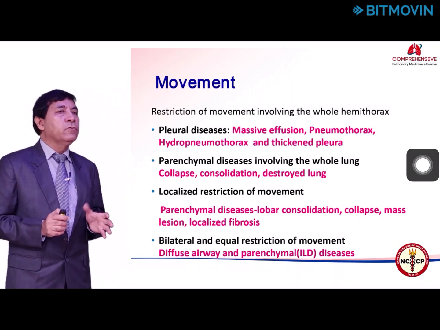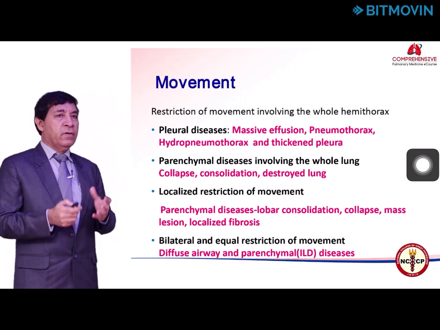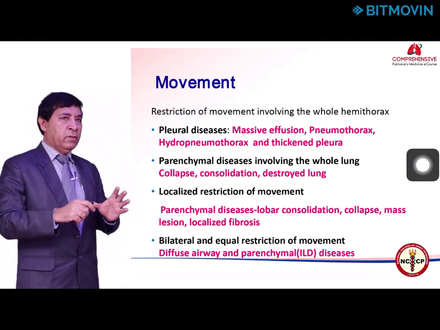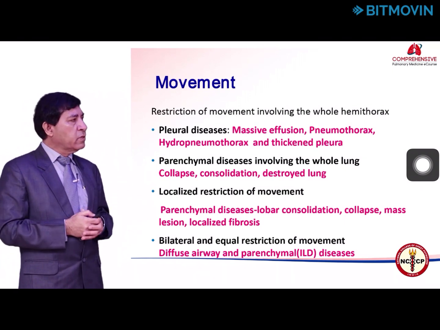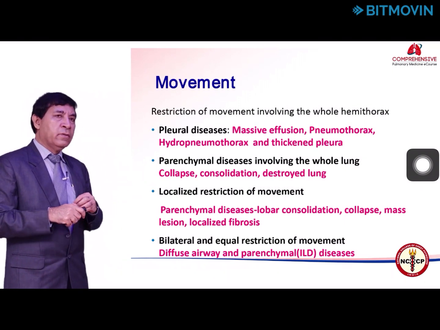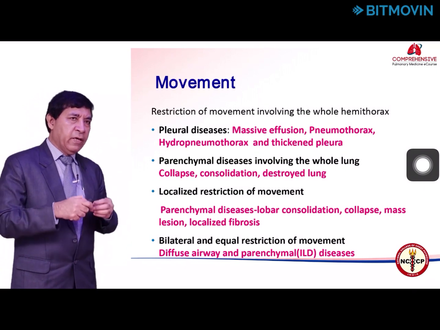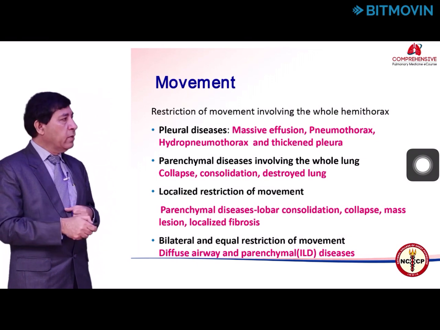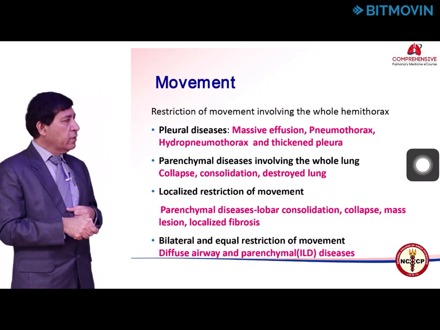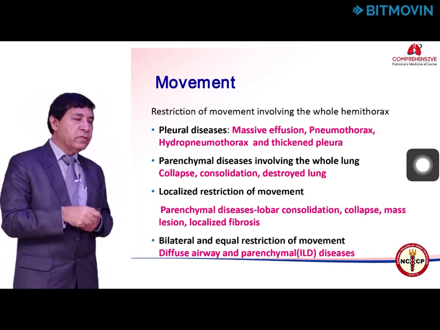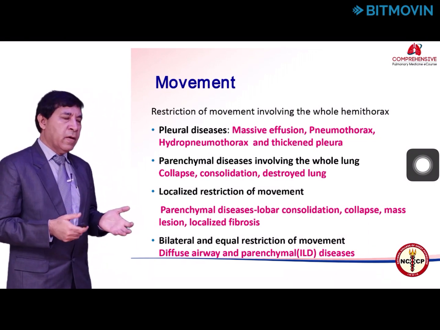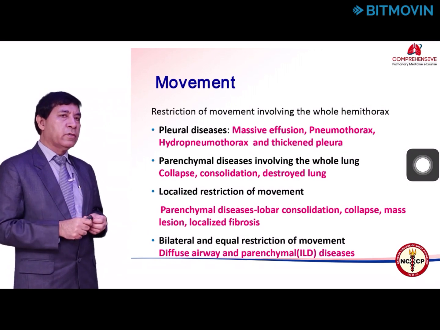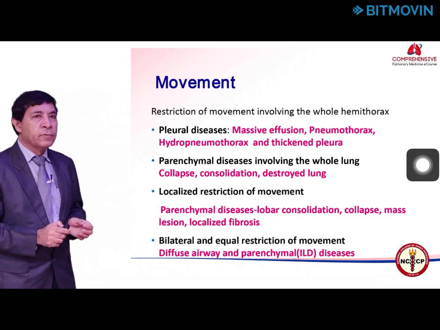It is very important to see the extent of restriction. If the whole hemithorax is affected and the movements are relatively or completely absent on one hemithorax, then this indicates that the patient has a pleural disease like massive pleural effusion, pneumothorax, hydropneumothorax, or thickened pleura.